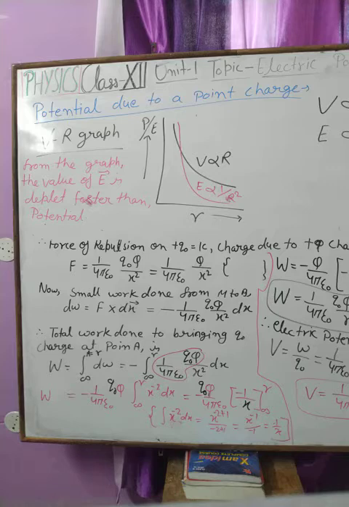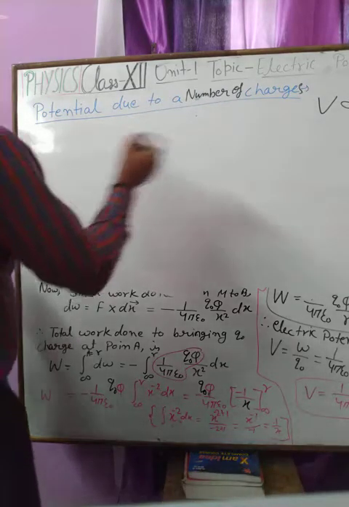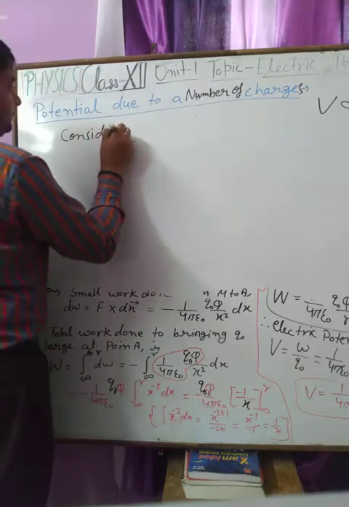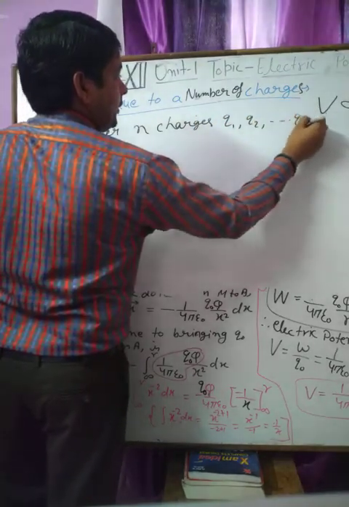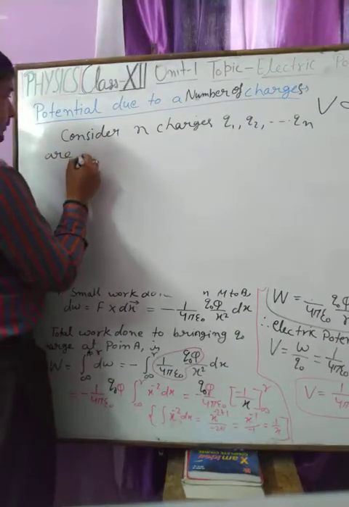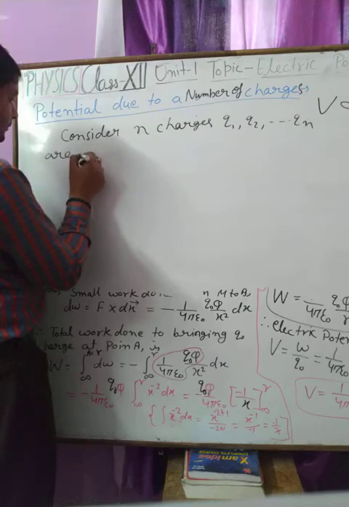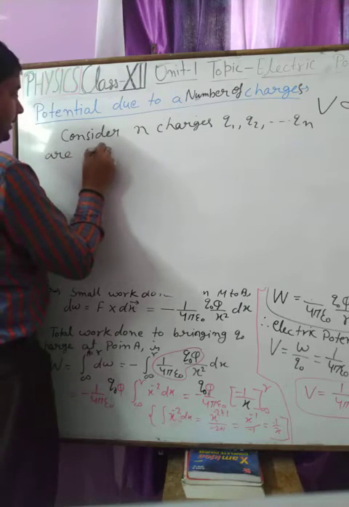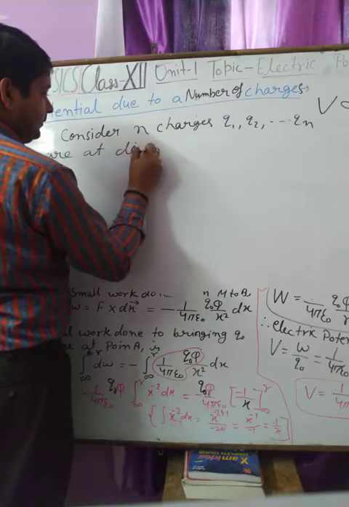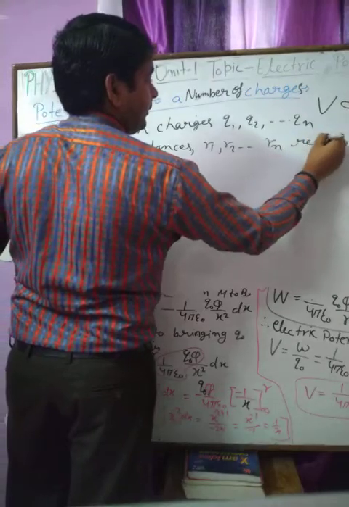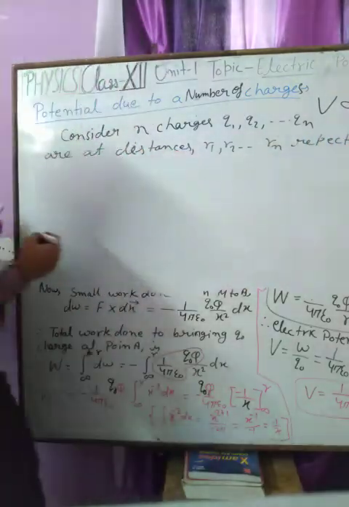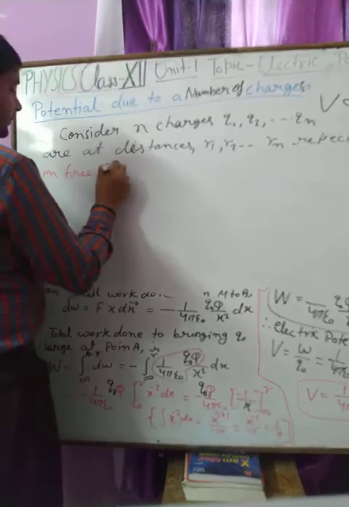Now we are taking the potential due to many charges. Consider n charges Q1, Q2, Qn at distances R1, R2, Rn respectively from a point, in free space.